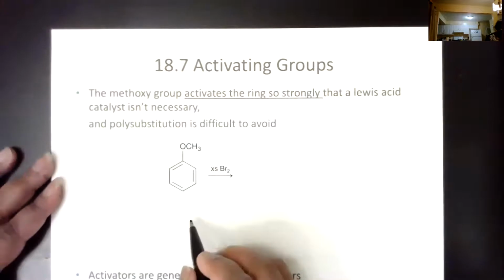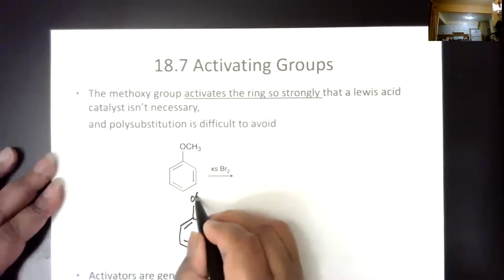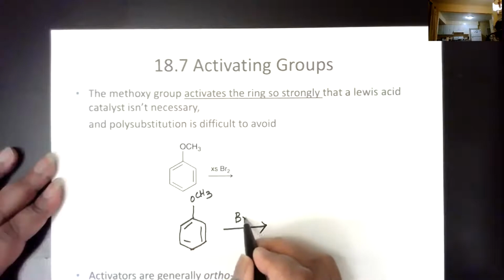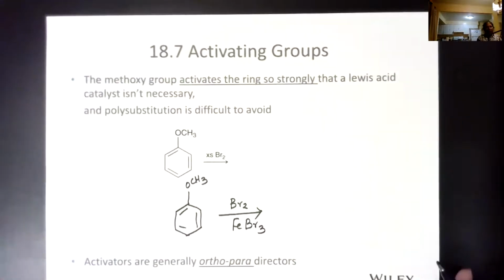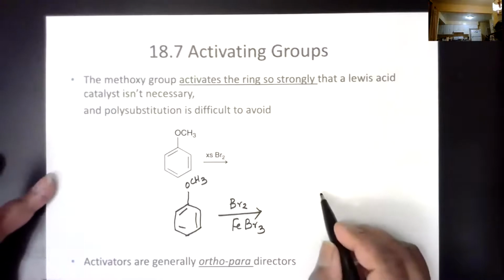Normally, if I want to add a bromine group, if I want to bring in a Br plus electrophile, I will use Br2 and FeBr3.